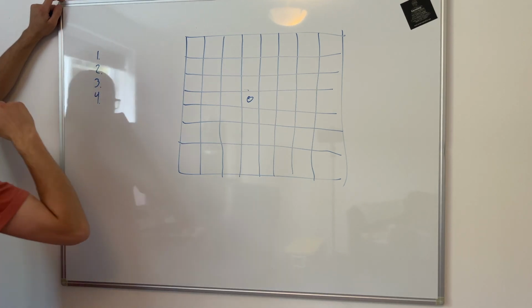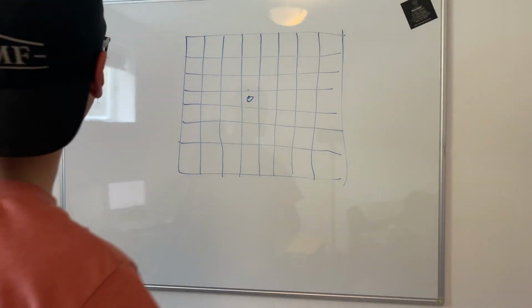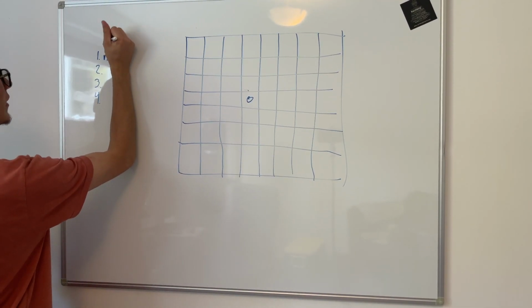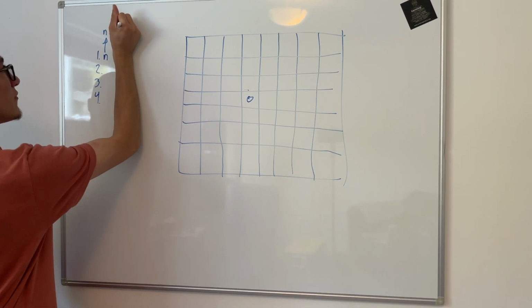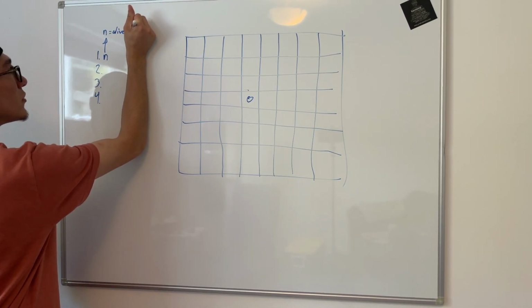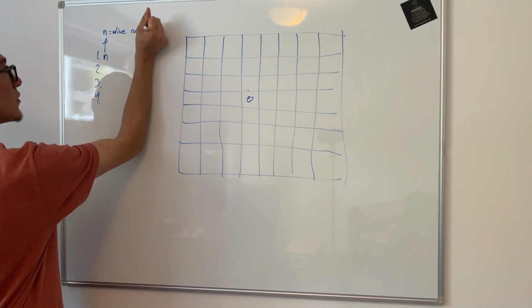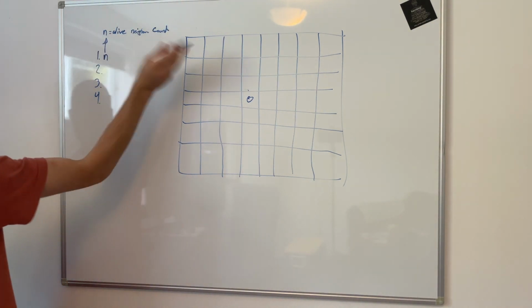So the first rule, let me check it up because I don't know it by heart. Any cell with fewer than 2 live neighbors dies. Okay, so if n equals the alive neighbor count, right?